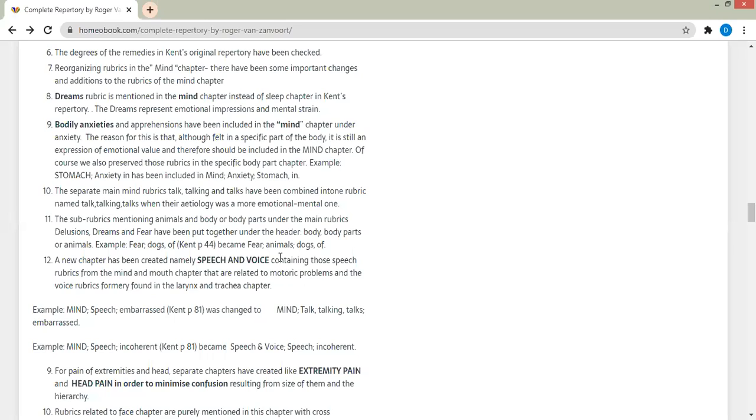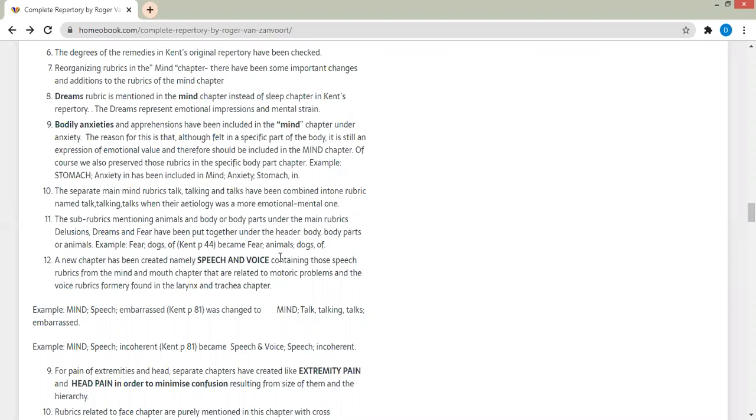As for example, under the rubric fear we found the subrubric dogs of in Kent repertory, and in this repertory we found the rubric became fear, subrubric animals, sub-subrubric dogs of.